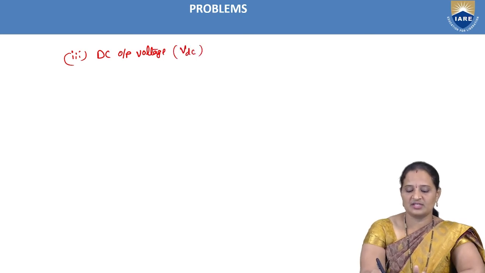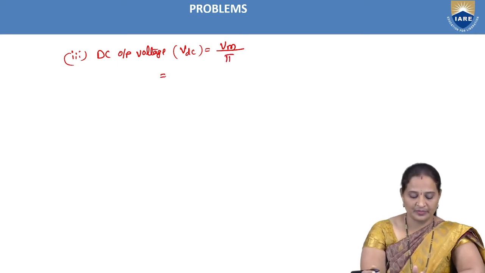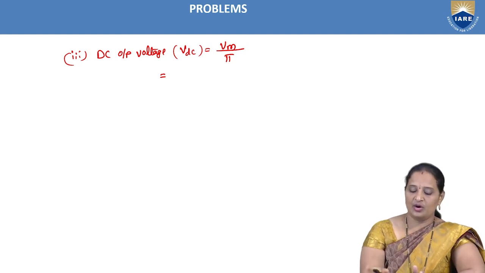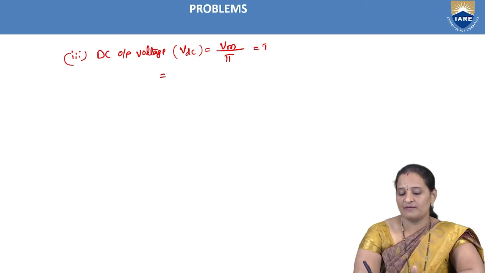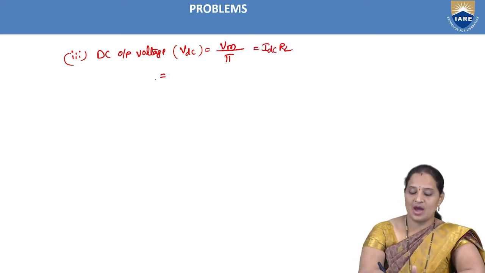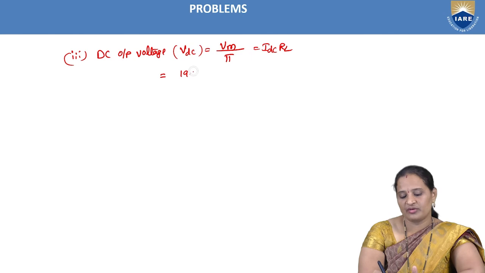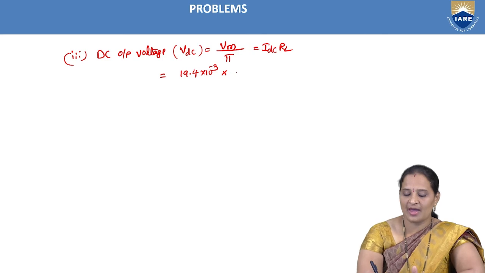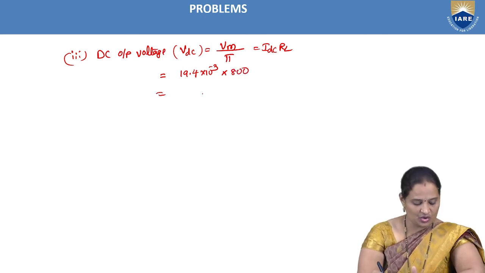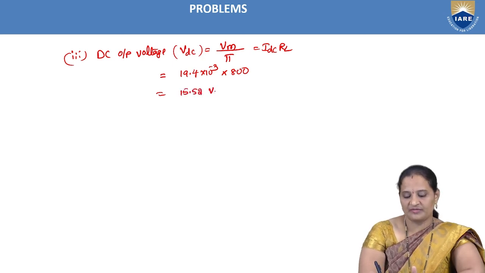The formula for calculating VDC is Vm by pi, or else we can also write VDC equals IDC into RL. IDC we already know is 19.4 into 10 to the power of minus 3, and RL value is 800. So the DC output voltage is 15.52 volts. This is the DC output voltage.